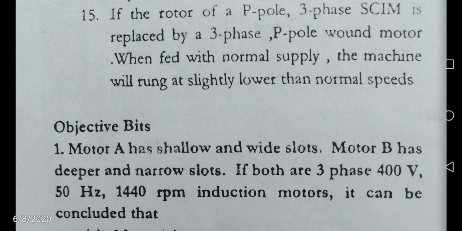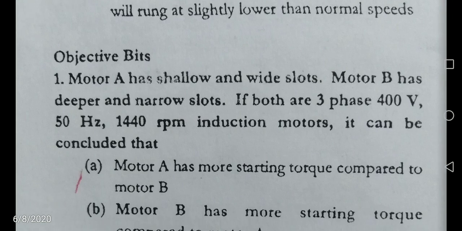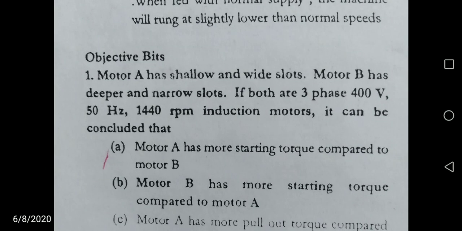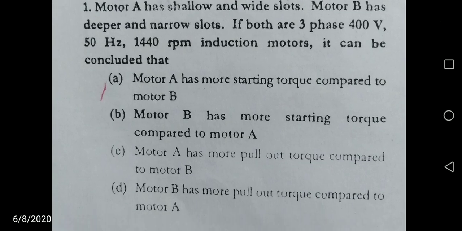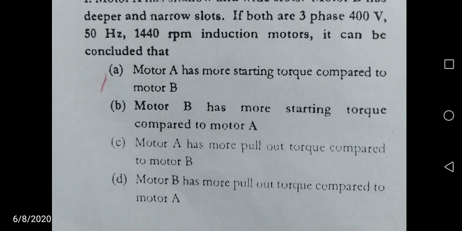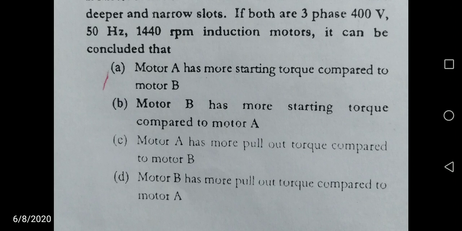So the starting torque of motor A is higher because of the higher air gap, and motor B has a lower starting torque. Now we have to see the options. Motor A has more starting torque compared to motor B. Motor A has more pull-out torque, no. Motor B has more pull-out torque, no. So option A is correct because motor A has more starting torque compared to motor B.